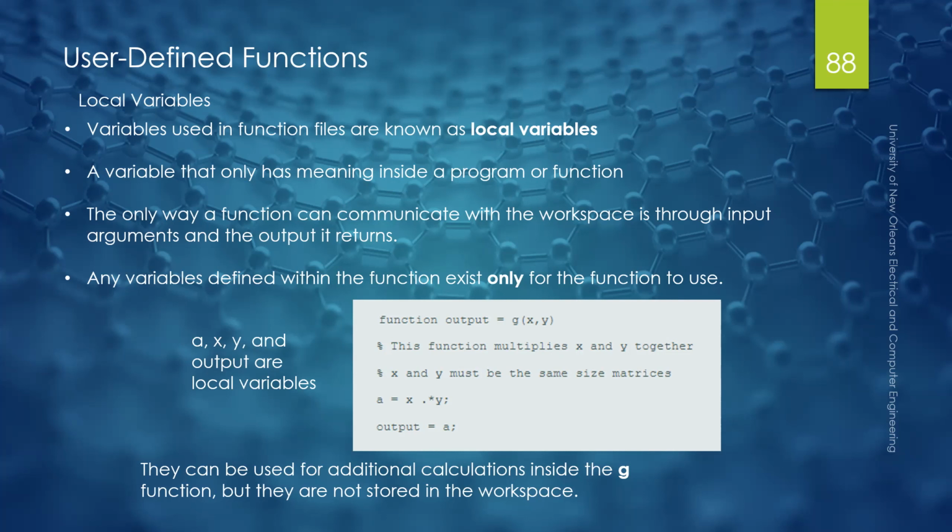In fact, if you look in the workspace after you have defined the function and saved it, you won't find variables with the name x, y, A, or output, okay? Because those are local. They can be used for additional calculations inside the function g, but they're not stored in the workspace. So it's important that you understand that, because outside this function, unless it's your purpose that they be available outside, they won't be available by default.